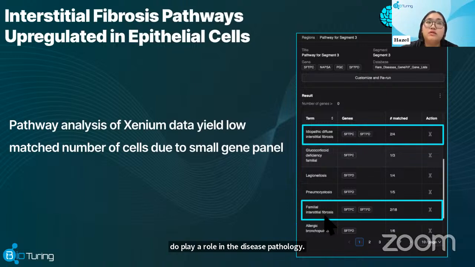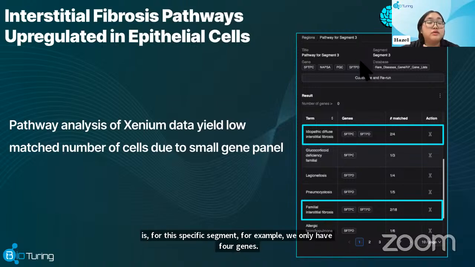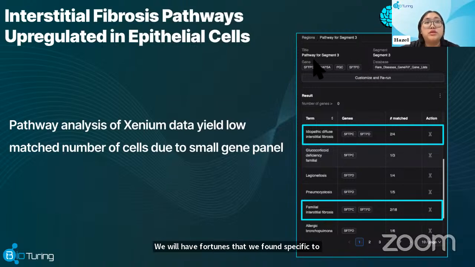Yes, that's interesting. Not only the genes, but you also find the pathways associated with a specific spatial segment. However, I noticed one thing here, and it's also the thing that we mentioned in the beginning of this session: for this specific segment, we only have 4 genes that we found specific to this segment. And then when we match that with the pathway database, only 1, 2, or 3 genes match.